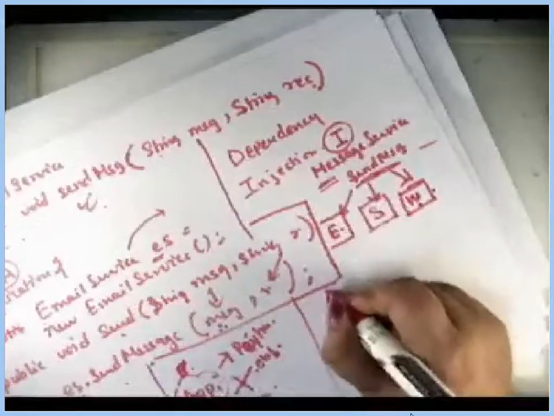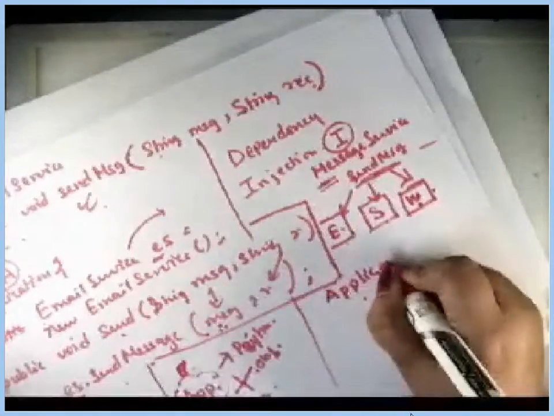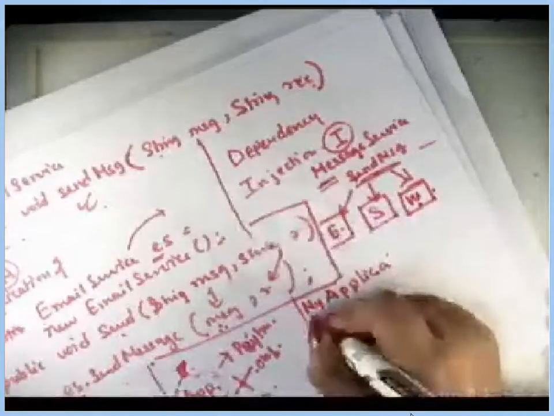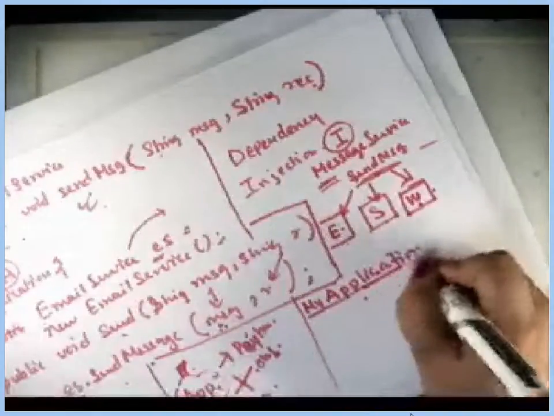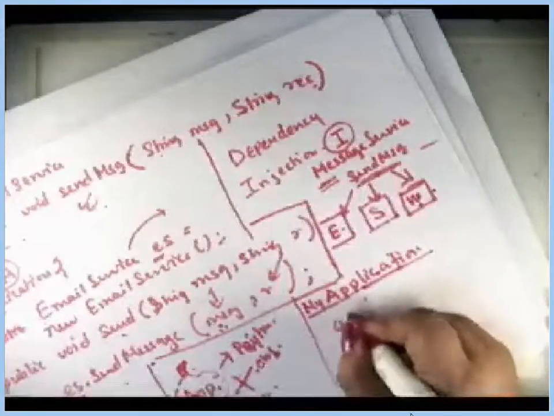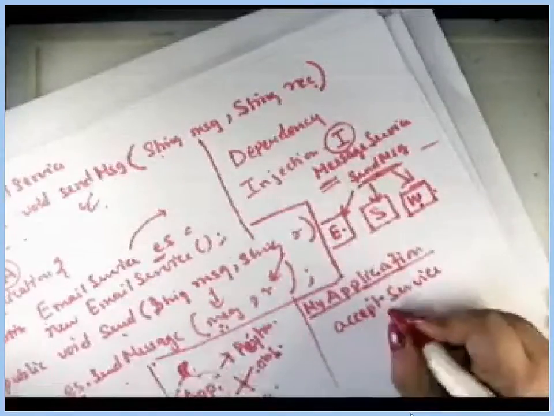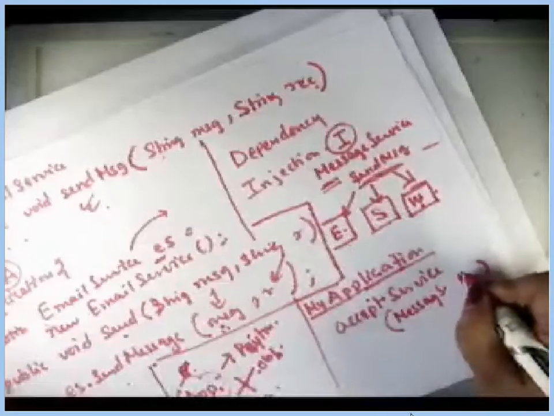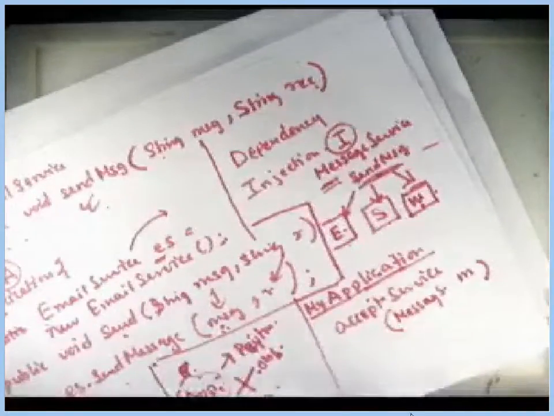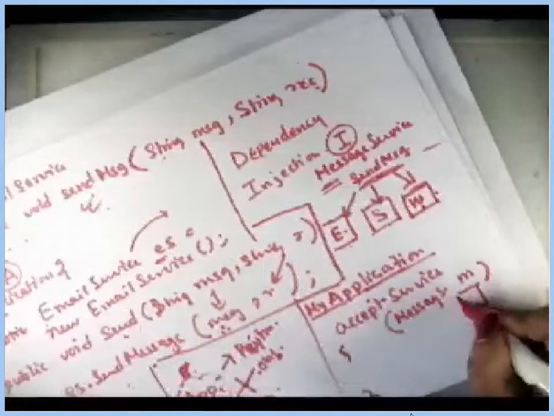Now in my application I will create a method, let's say accept service, which takes the message service interface M. That method can accept any content inside M.